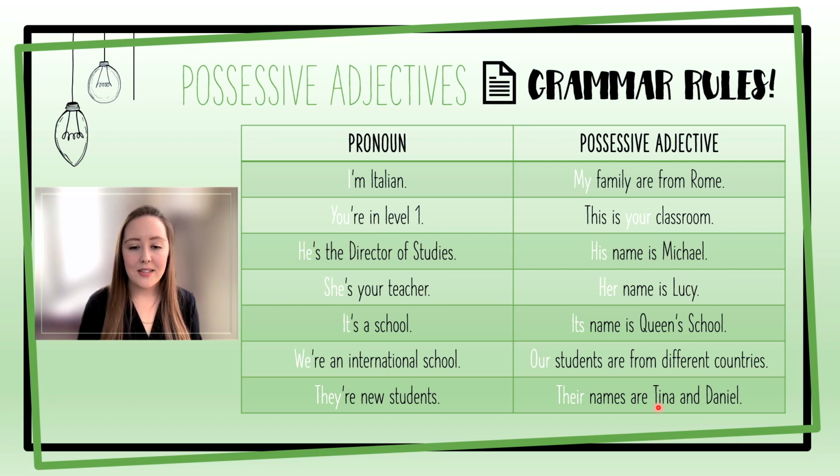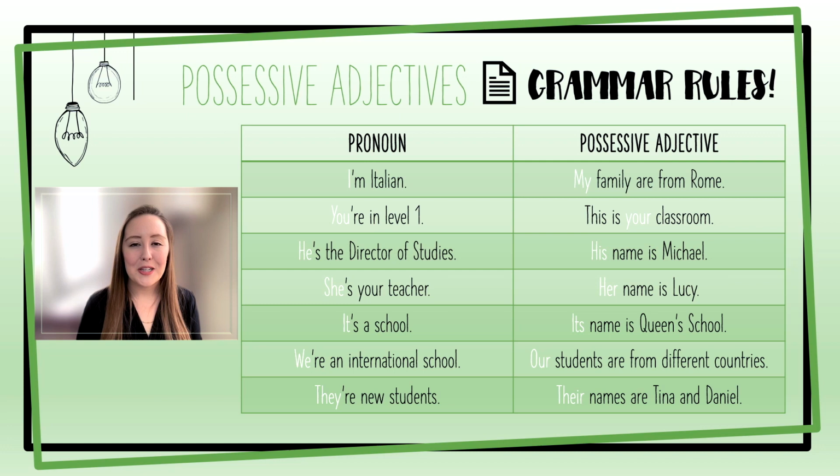Their names are Tina and Daniel. Good, well done. So remember the possessive adjectives are my, your, his, her, its, our, and their. Well done.